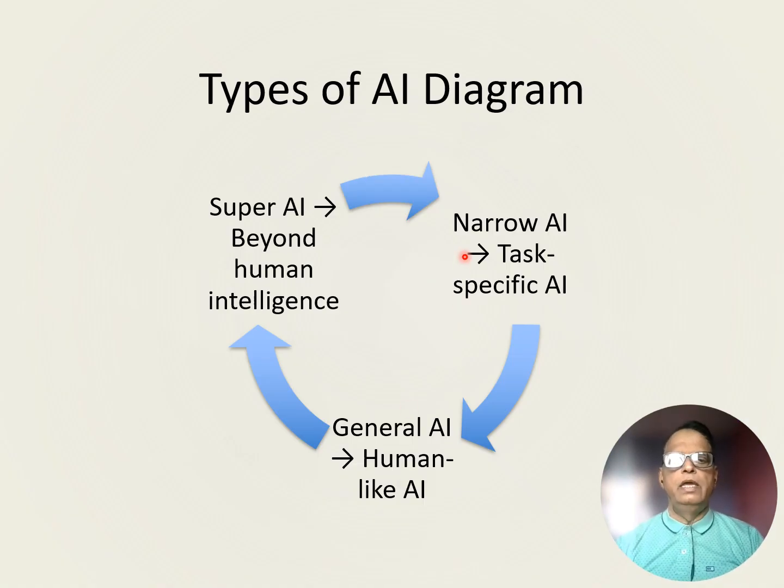Narrow AI is a task specific AI, and most of the AI nowadays that we are using in our phone, on a computer, or in different applications are all narrow AI. Then we can go for general AI, where the AI will be just like humans, and in future we can have intelligence with AI which will be beyond human intelligence.